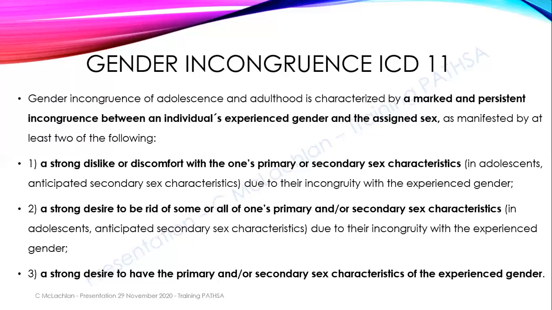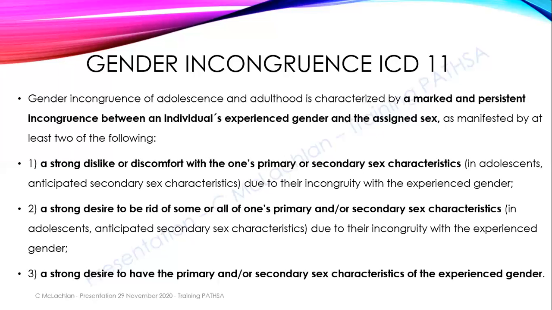So, for example, for a trans masculine person, it could be the uncomfortability with their breasts or the anticipation that their breasts will develop. Secondly, a strong desire to be rid of some or all of their primary or secondary sex characteristics. So it's the discomfort and then the desire to get rid of some of it.